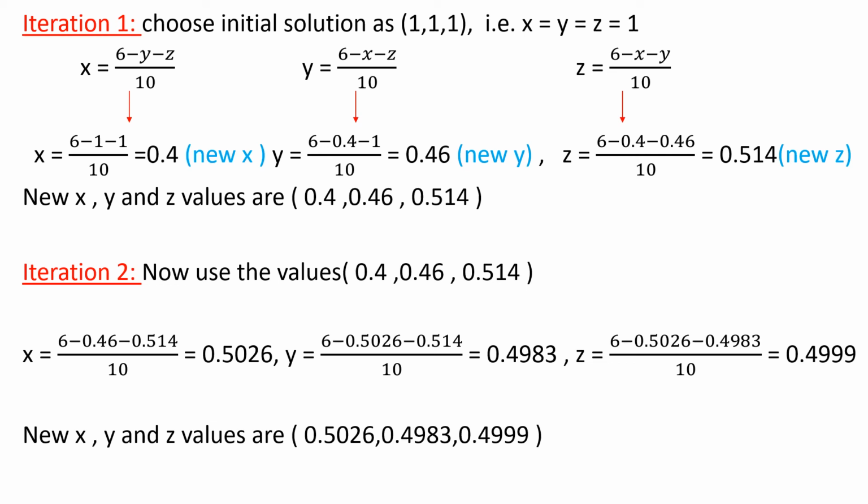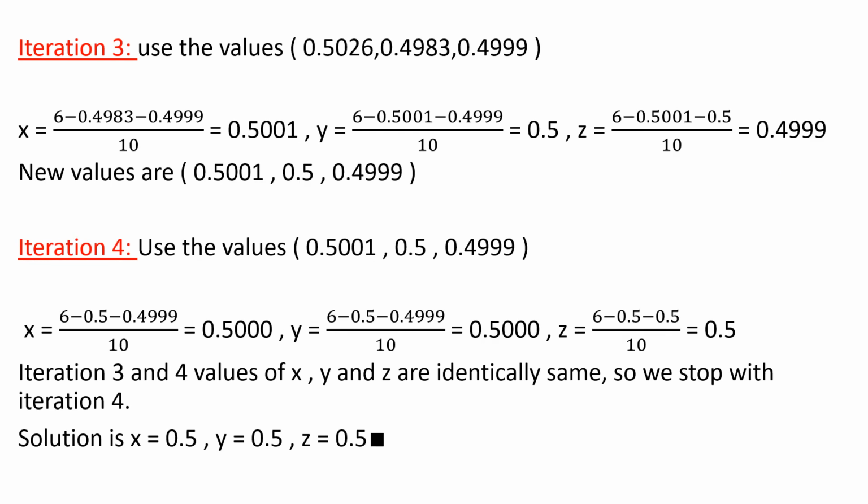So the new value of x and new value of y should be used to find z. So z is equal to (6 minus new value of x 0.5026 minus new value of y 0.4983) by 10, and that is 0.4999. So you got a new ordered pair after the second iteration. The new ordered pair of x, y, z is 0.5026, 0.4983, and 0.4999. These are the new values, and these values are to be used for the third iteration.